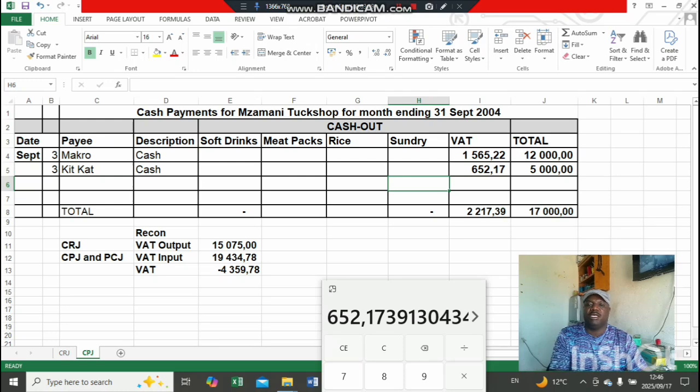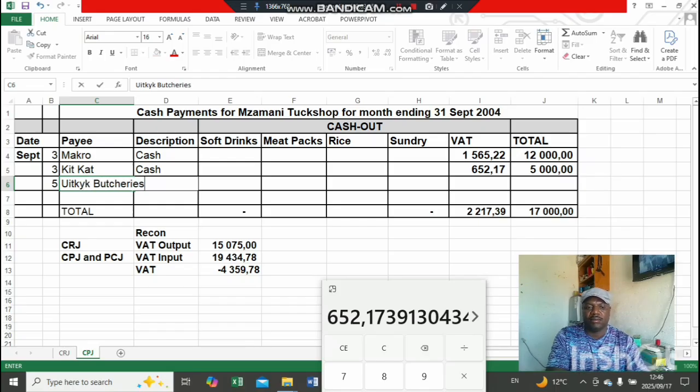Great stuff. And then we go to the last one. Say Mzamani goes back to buy, where this time around? His favorite butcher, 8 Gig Butcheries. And what does he buy?